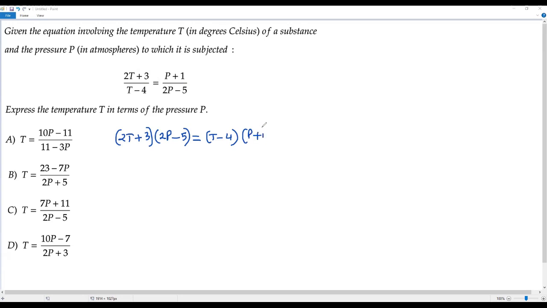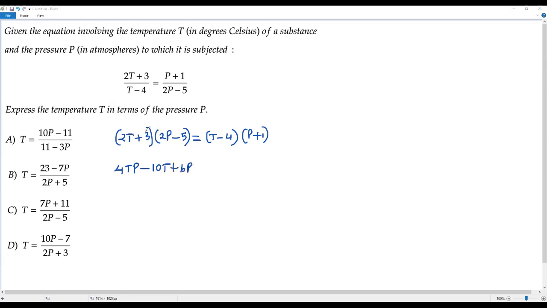Let me write it. Okay, now let's multiply these two binomials using the FOIL method. First, let me multiply the first terms. 2T times 2P will become 4TP, and when I multiply the outer terms, 2T times negative 5, I'll be getting negative 10T. Now the inner terms, positive 3 times 2P, I'm getting 6P.